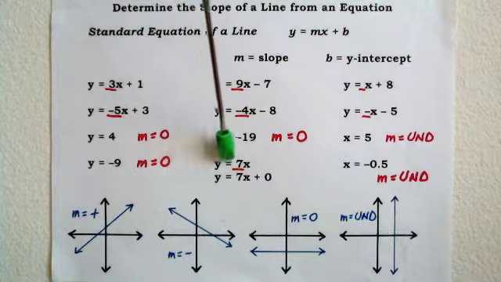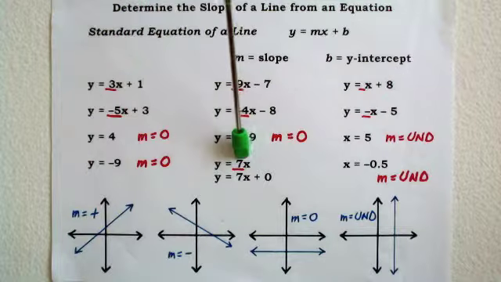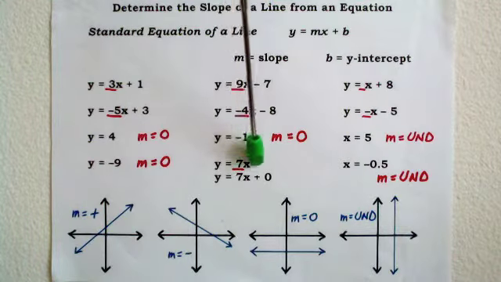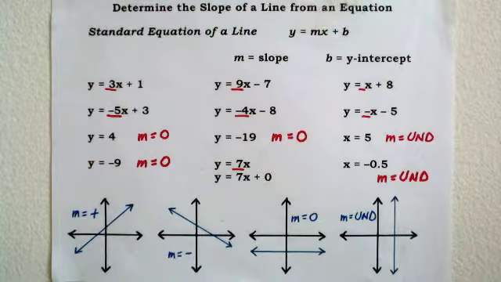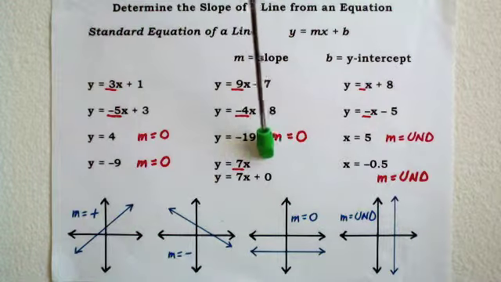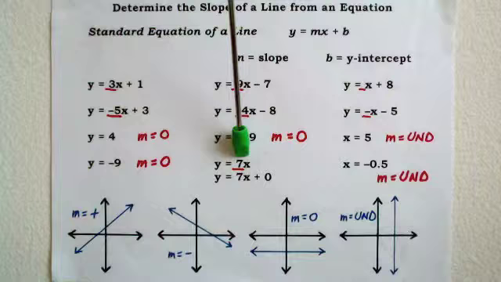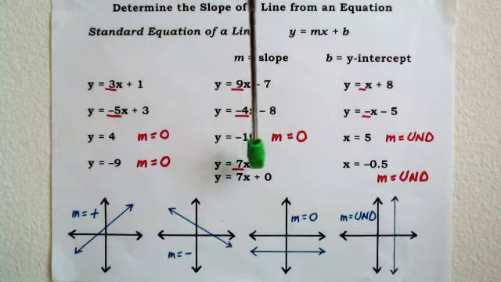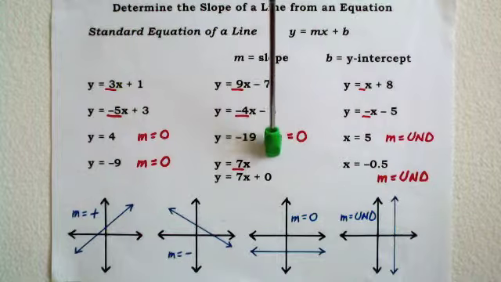Now let's look at this example. We have y equals 7x. So this time we only have the term with the variable. We don't have the y-intercept. If there is nothing being added to or subtracted from the term with the variable in a linear equation, that means that the y-intercept is plus 0.